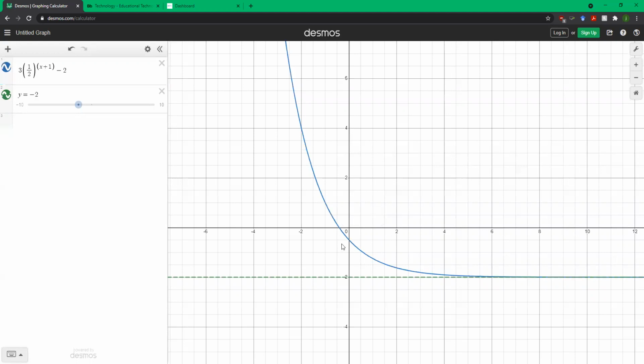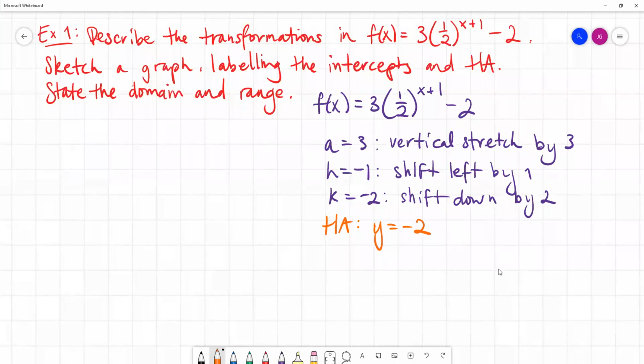So let's go ahead and graph this. We have that decay shape. It's starting big and then getting small and staying along the asymptote. So, boom. Draw myself a nice pair of axes.